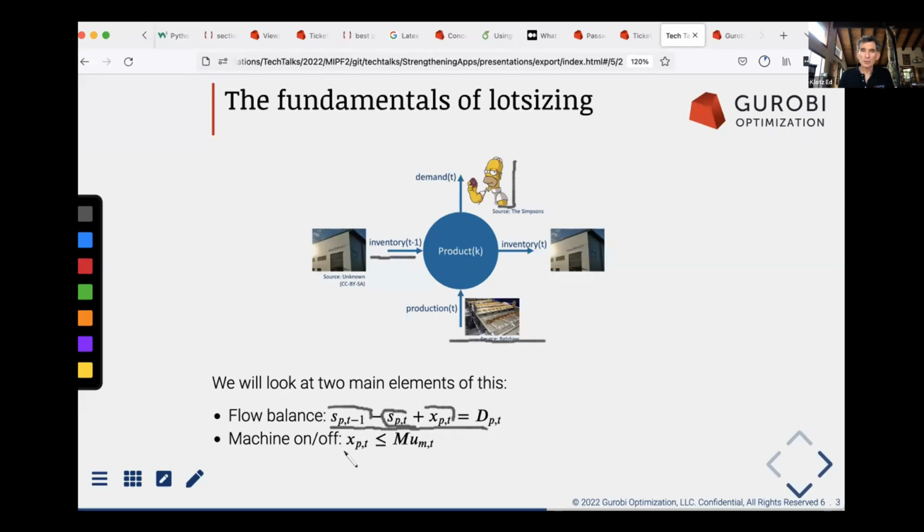And then you have a controlling constraint over turning on the machine, where you create a new binary variable u for the machine and the time period. You multiply it by some value m that is a bound on production. If production is positive, this will force you to turn on the machine. And then you will have some cost associated with this binary variable u.